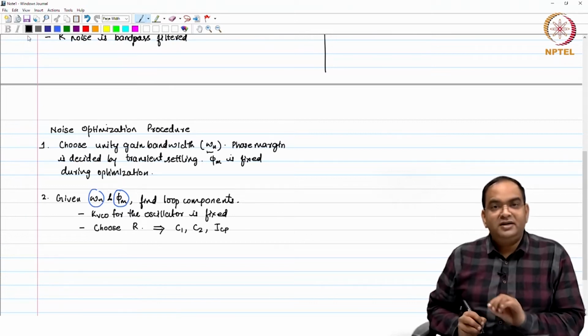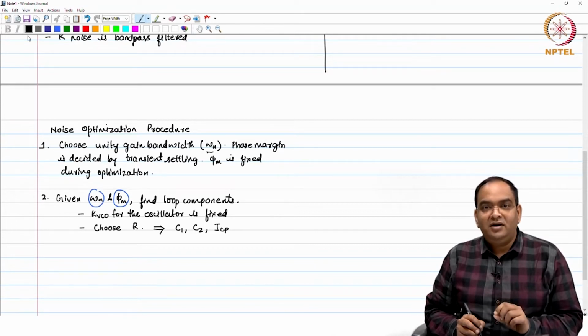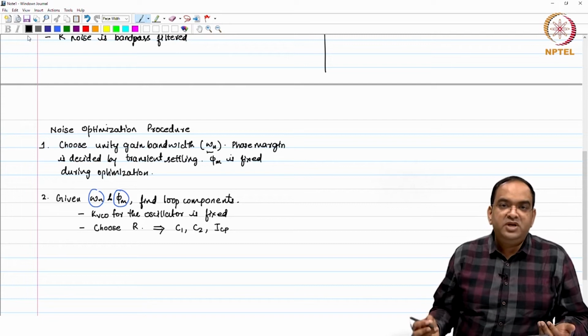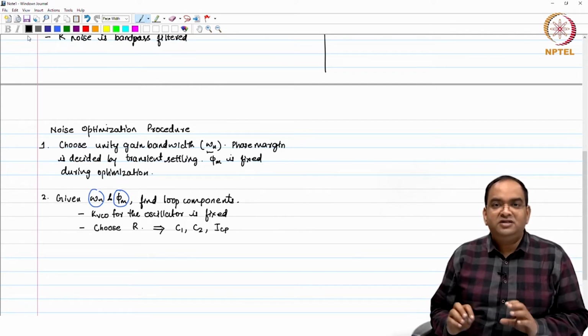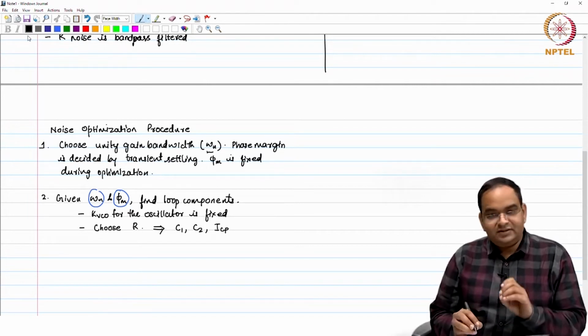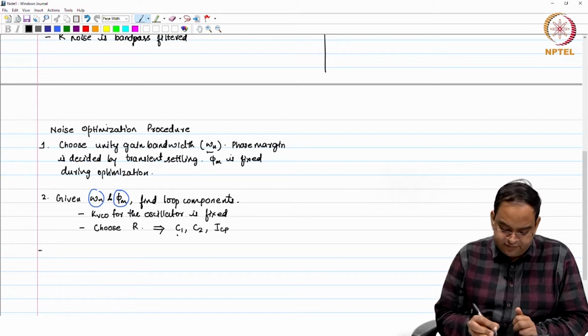You know that the resistor is a noisy block. So, once you make a choice on R and you find that the overall noise does not meet your requirements, then you have to go back and change R. So, let us say we chose R here, we calculate C1, C2 and ICP.